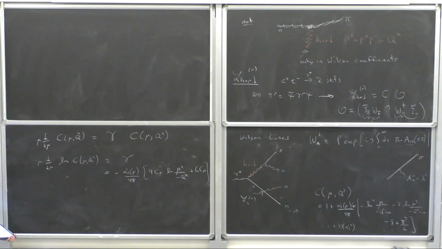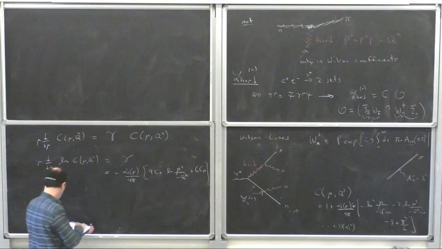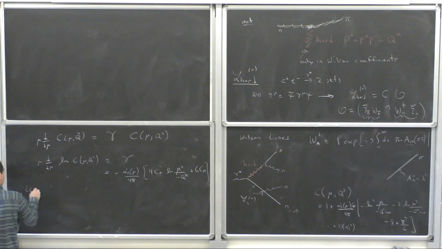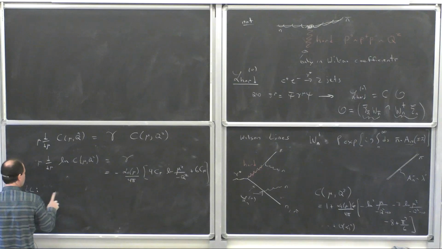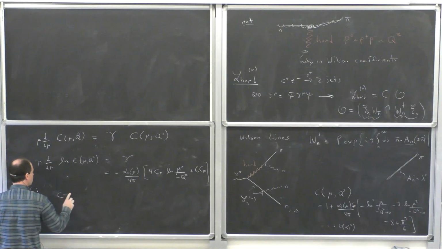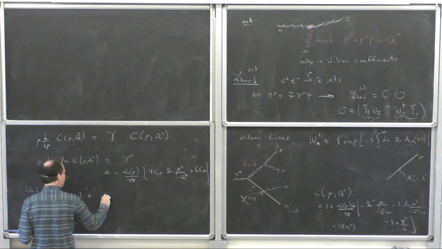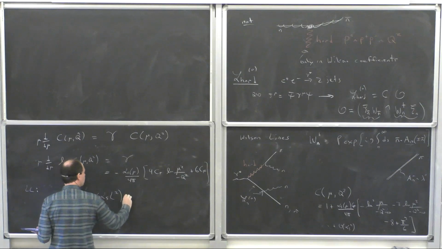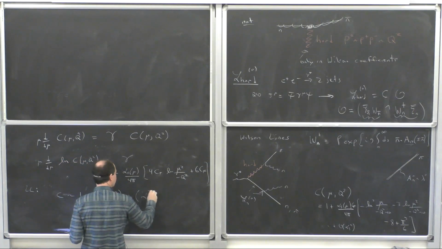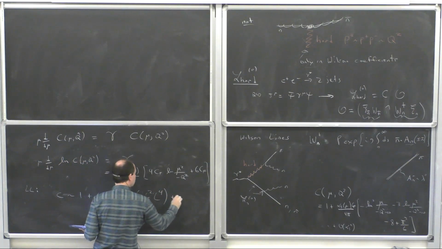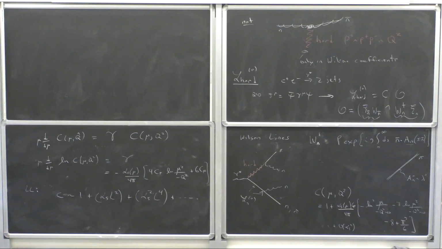And the presence of that log is going to, when you solve this differential equation, give you a double log series. So leading log here corresponds to saying that c is like 1, and then alpha log squared, alpha squared log to the fourth, and so on. You get one double log for each order in alpha.